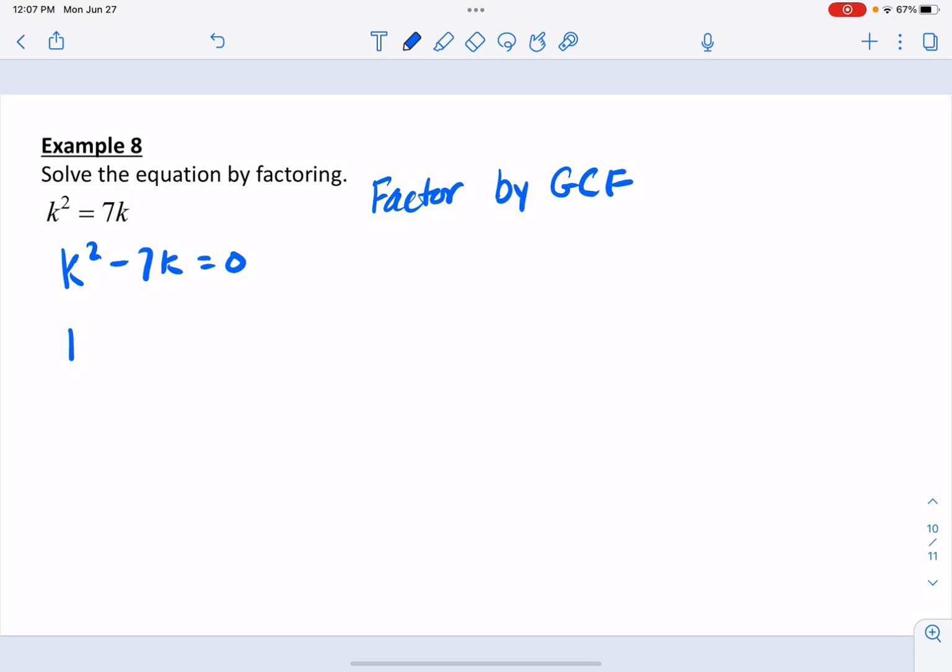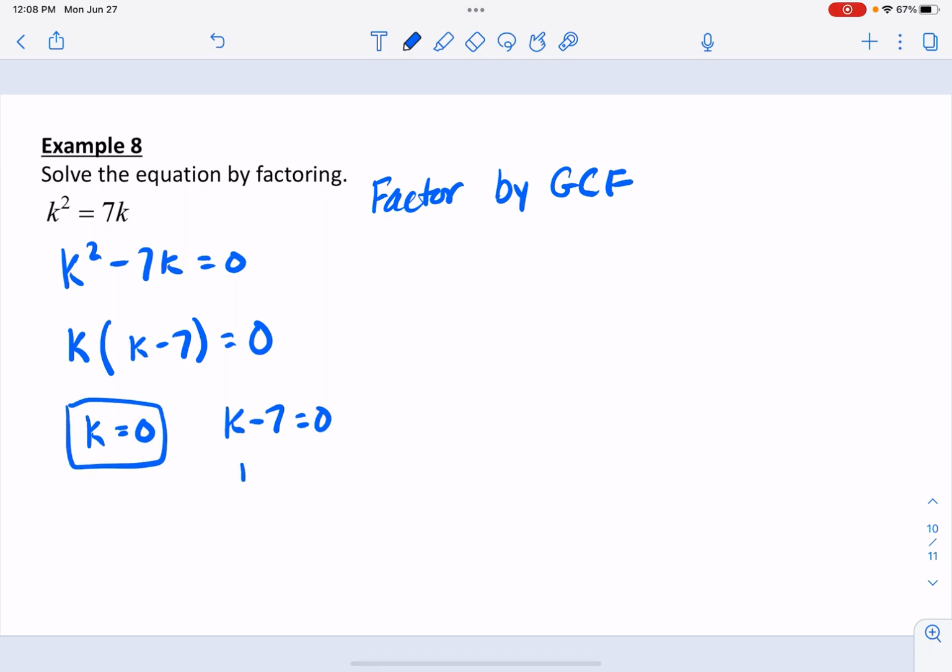So my greatest common factor is k in both terms. I'm left with k minus 7 equals 0. Set each one of my factors equal to 0. So one of them is equal to 0. If I add 7 over, I get k equal to 7. So that is my video on solving quadratic equations.